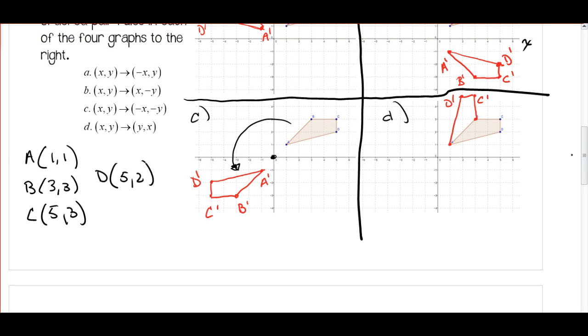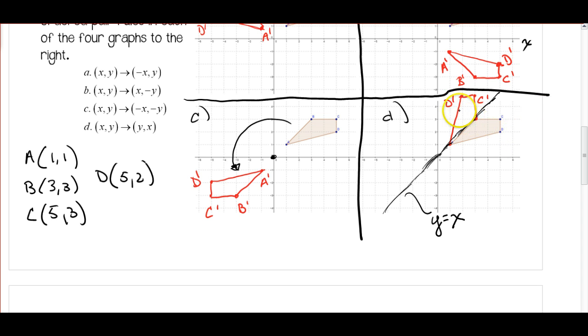And then this last one is kind of weird, because if I draw in a line here, notice it's going through negative 4, 4, negative 3, 3, negative 2, negative 2, negative 1, negative 1, 0, 0, and then 1, 1, 2, 2, 3, 3, 4, 4. This line, if you remember from algebra, is actually the line y equals x.